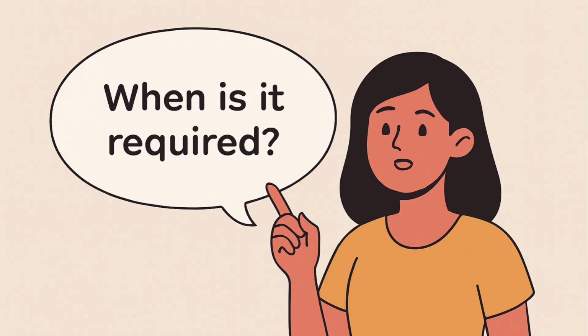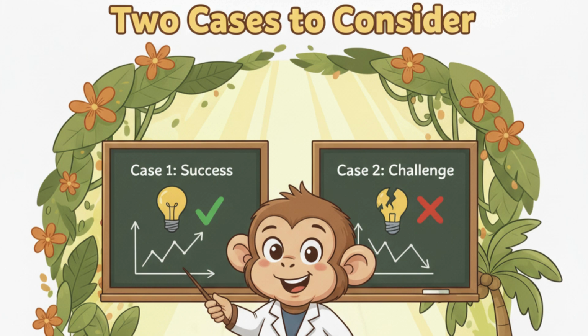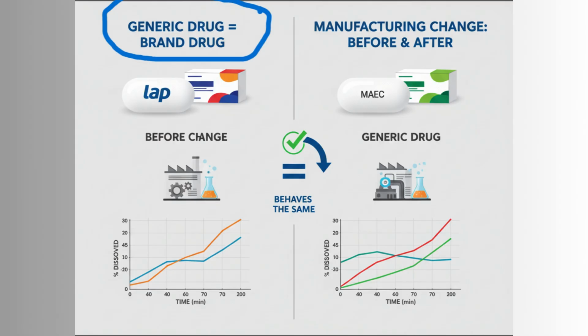Well, there are generally two cases to consider when we compare the dissolution profile of drugs. First case is to show that a generic drug is equivalent to brand drug. When a generic drug is developed, we need to prove that it is equivalent to brand drug. In such cases, we need to compare the dissolution profile of generic drug with the brand drug.